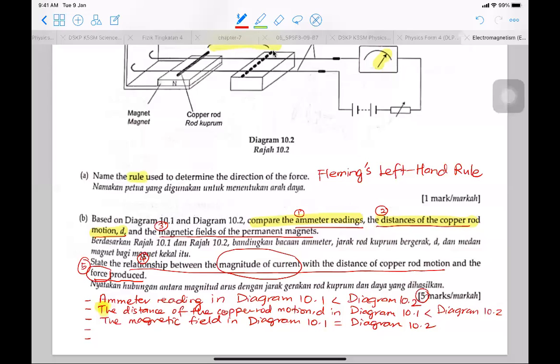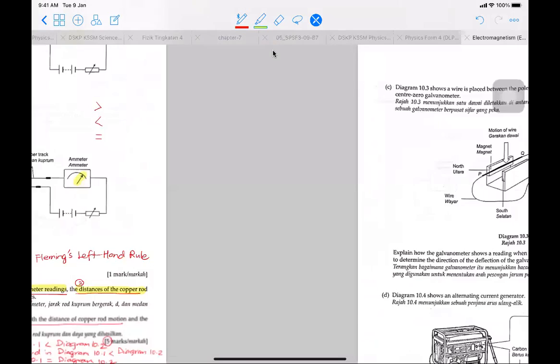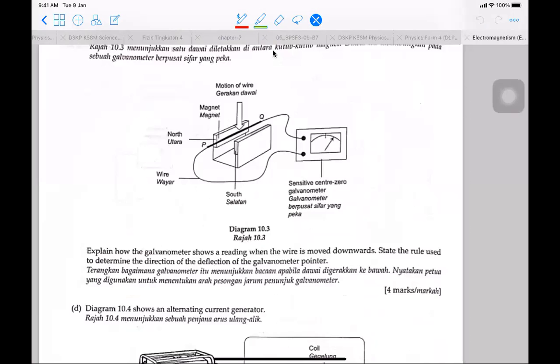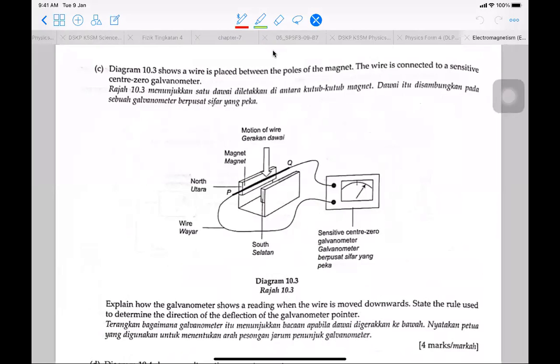Okay, correct. Both increase. When magnitude of current increases, the force produced increases. So you get 5 marks there. Okay, that is for the 5 marks. Now the next part, for question C.